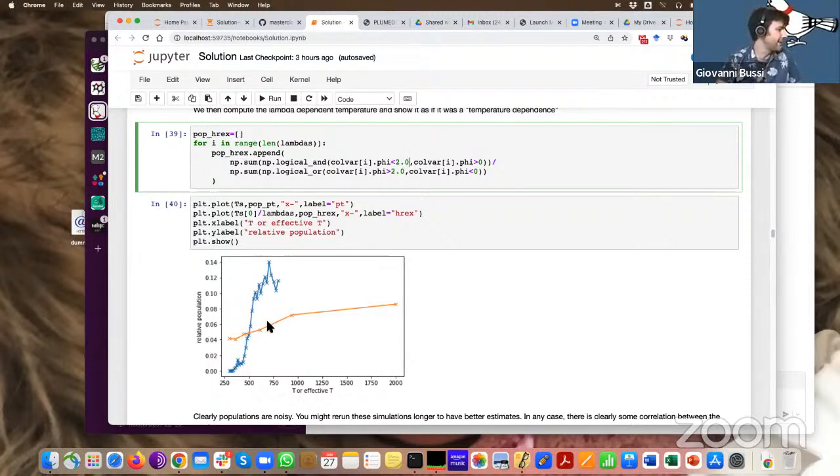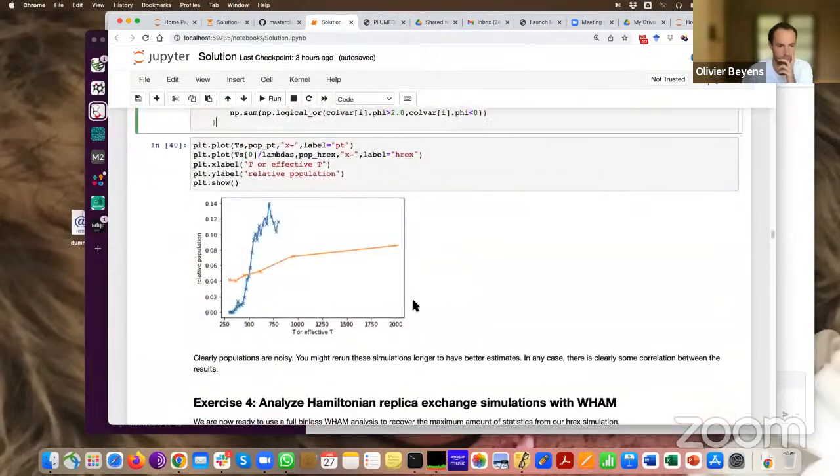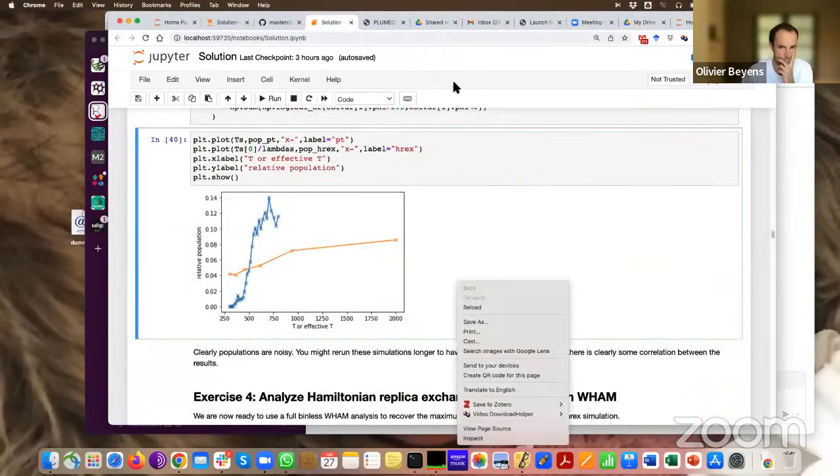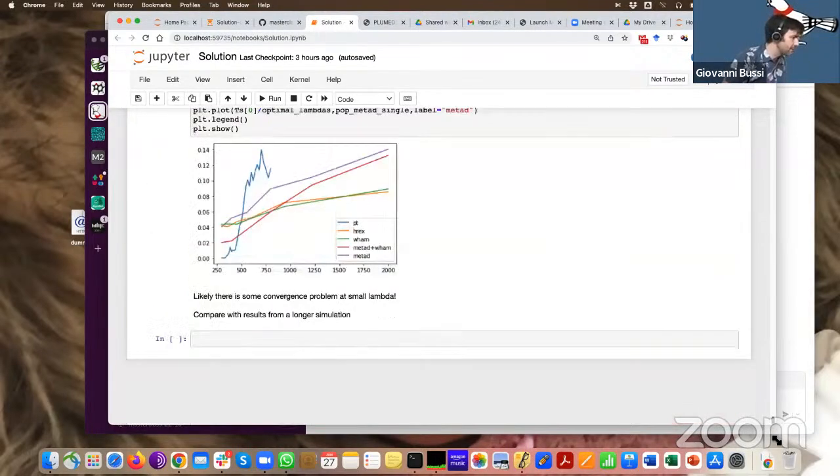And what about the dependence on the lambda? So you said you arrived down to a lambda which was 0.4. So 0.4 means, let me do the math. So it would be 300 divided by 0.4.